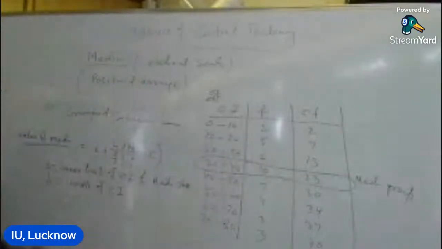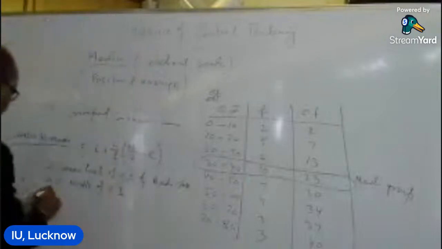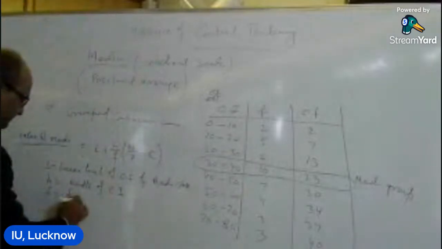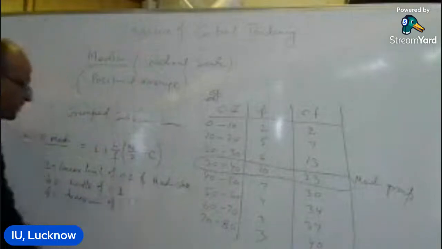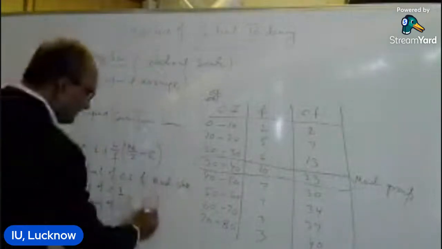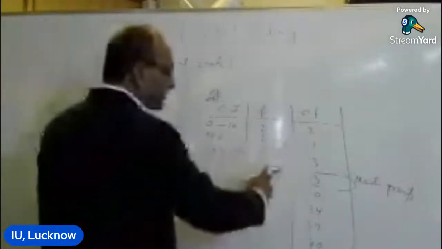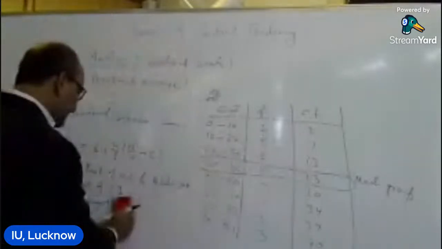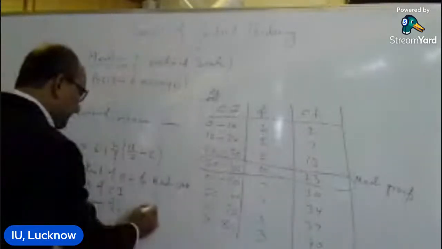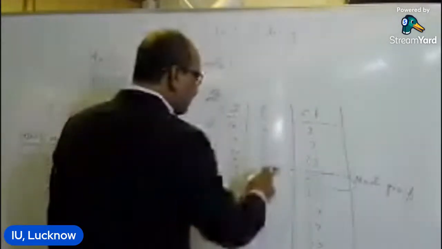F is the frequency of the class interval of the median class. The frequency of the median class is again 10.